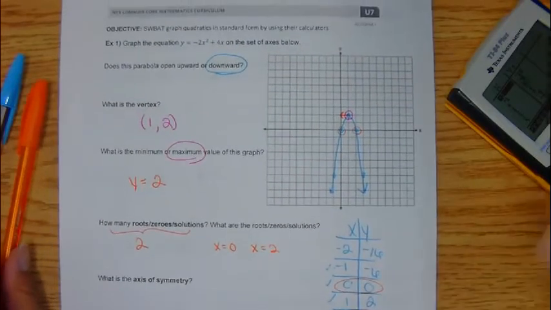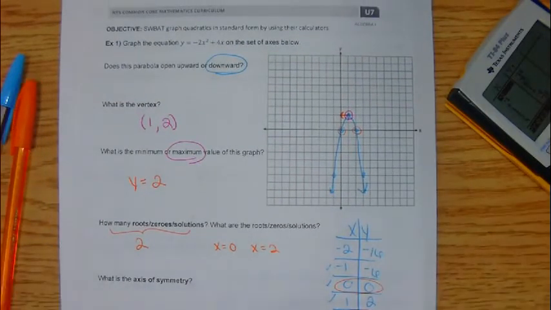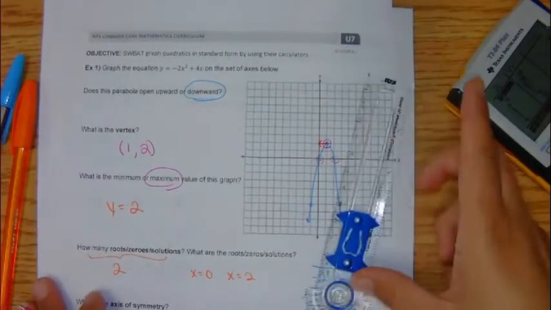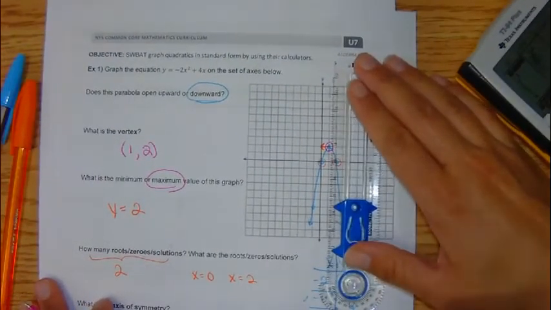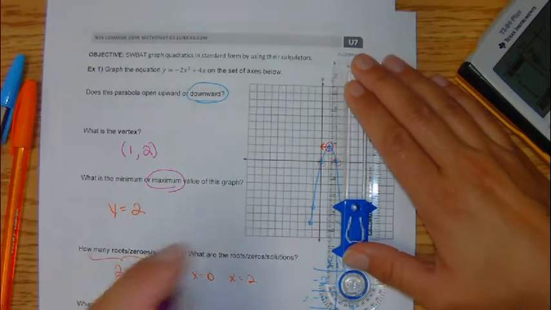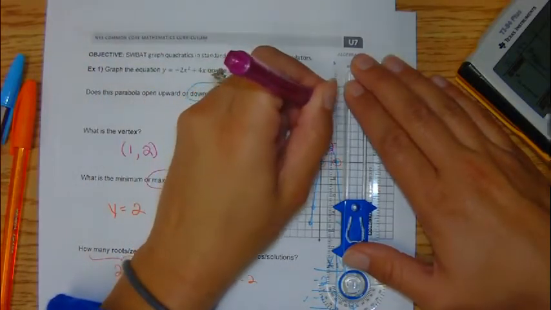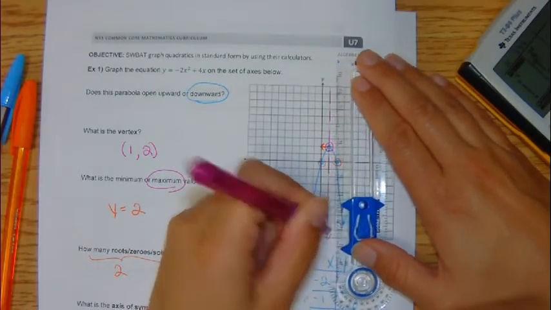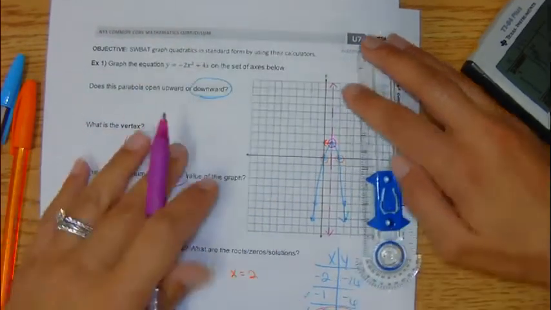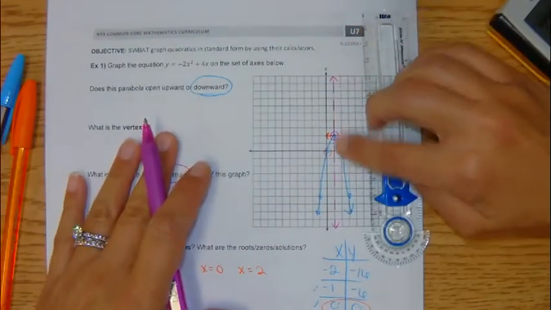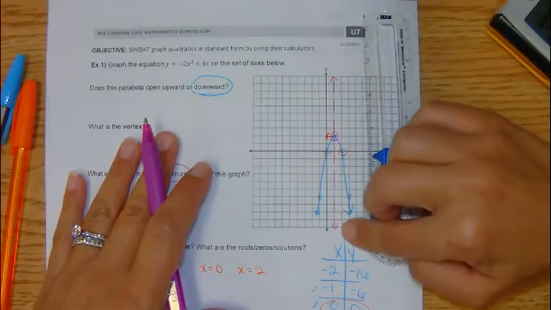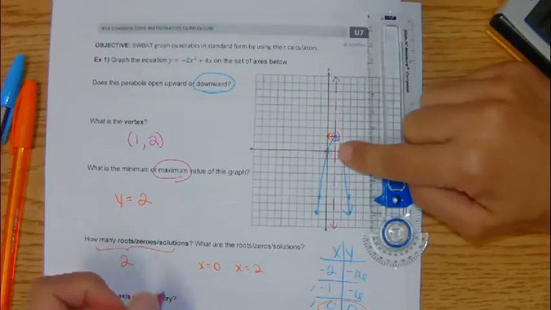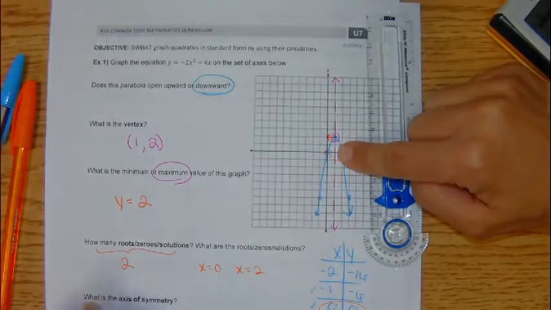And then what is the axis of symmetry? Let me find my straight edge right here. The axis of symmetry is where I can fold it so that it maps on top of itself. So I'm going to draw that in super fast using a dotted line. The equation of this line crosses the x-axis at 1. It's x equals 1.